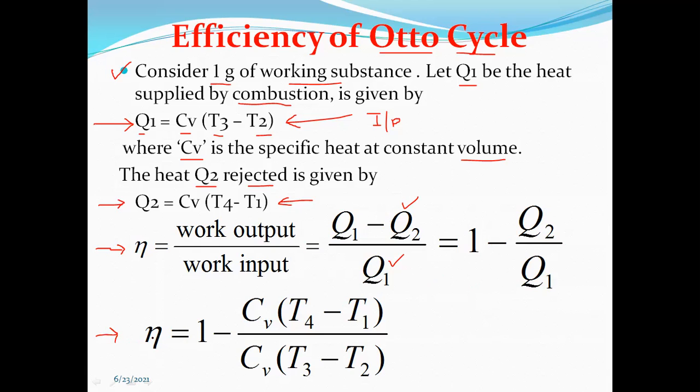Therefore, eta is equal to 1 minus Q2, which is CV into T4 minus T1 in the numerator, divided by the value of Q1, which is in the first equation. Of course, I have not given the equation numbers, so you can recall the values of Q1 and Q2. So eta is equal to 1 minus CV into T4 minus T1 divided by CV into T3 minus T2.